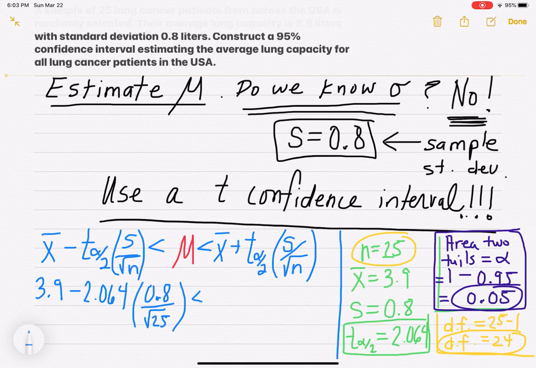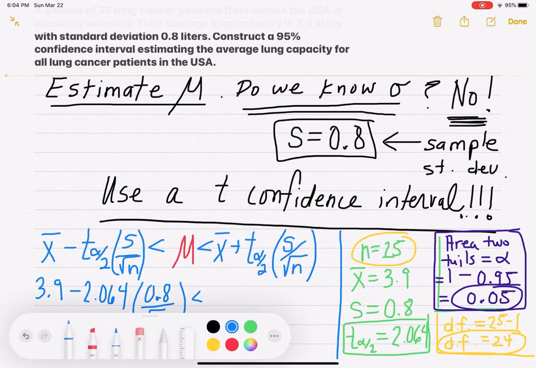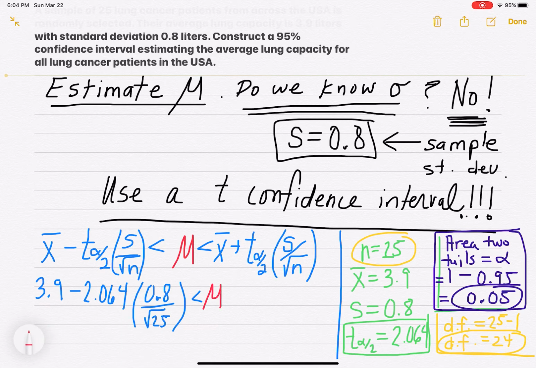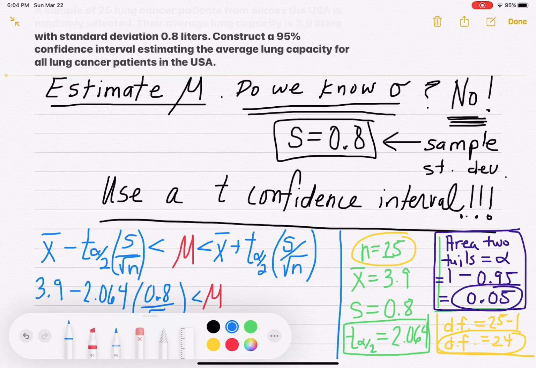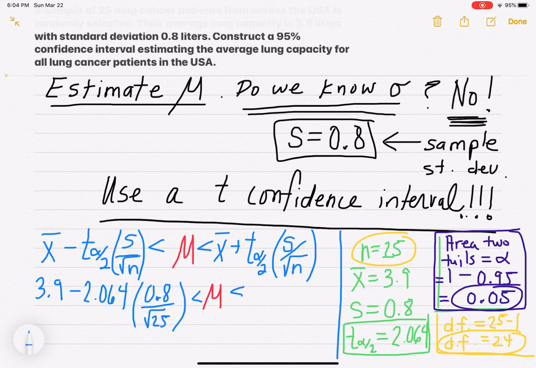That's going to be less than mu, and that's going to be less than x bar, which is 3.9, plus T alpha over 2, which is 2.064, multiplied by S, which is 0.8, divided by the square root of 25.